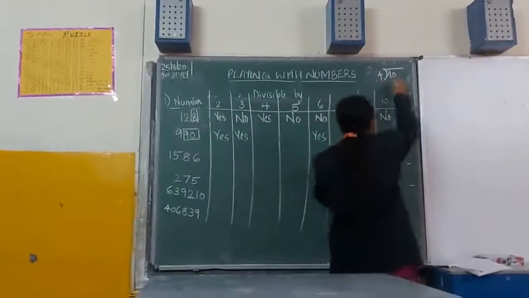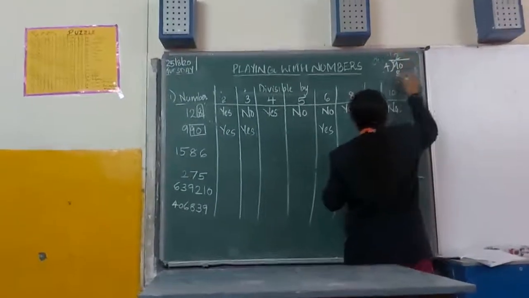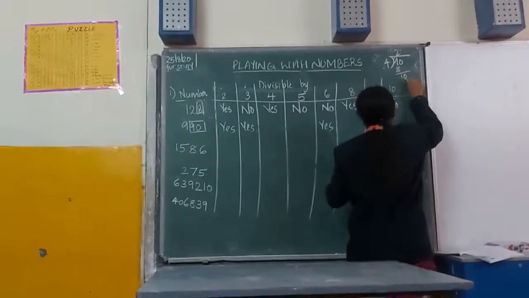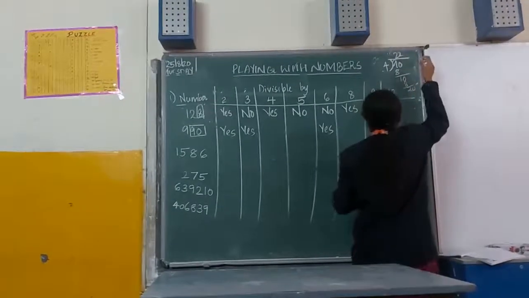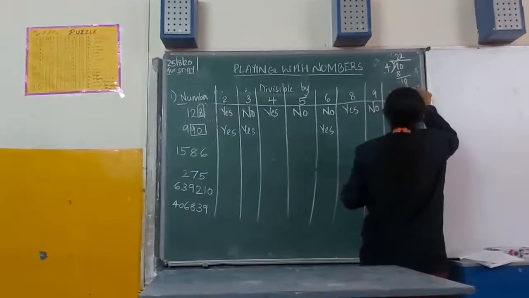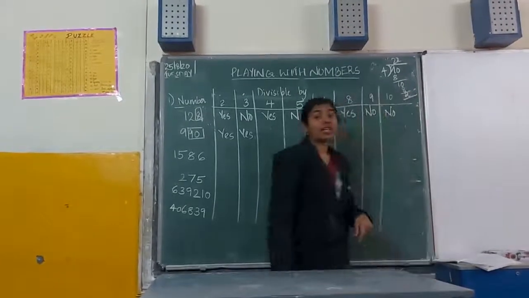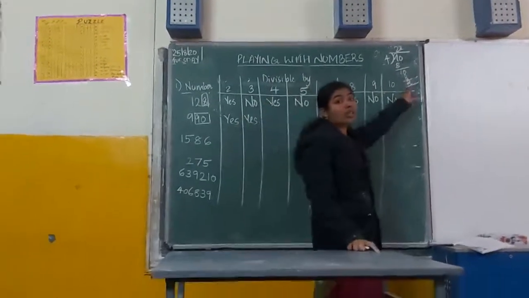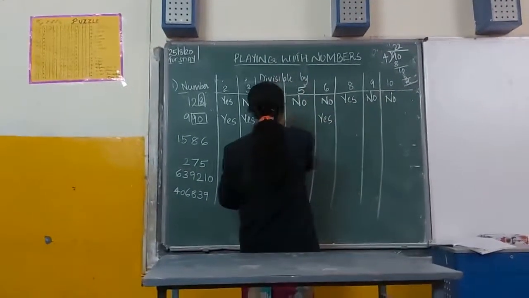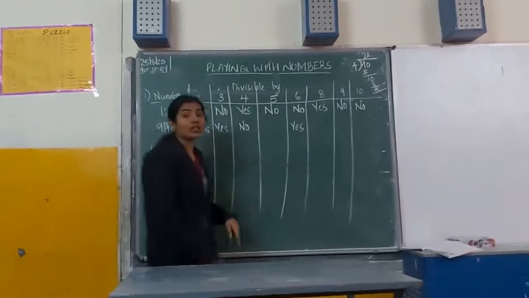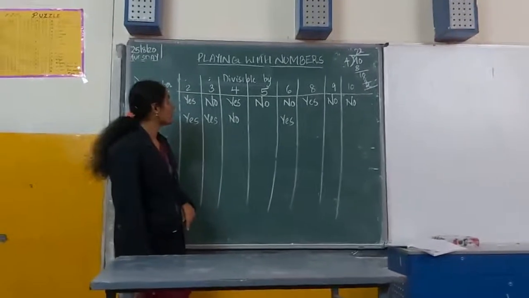Divide this number by 4. You will get the remainder 2. That means you are not getting the remainder 0. So it is not satisfying. It is not divisible by 4.